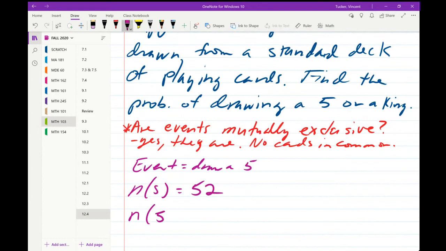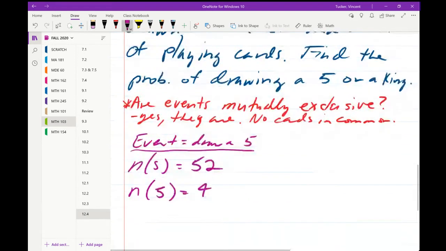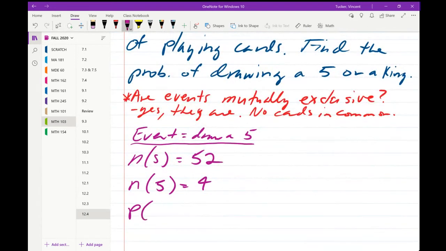And the number of fives in the deck is 4. There's a 5 in each suit. So the probability of drawing a 5 is going to be 4 over 52. And we can reduce that down later.